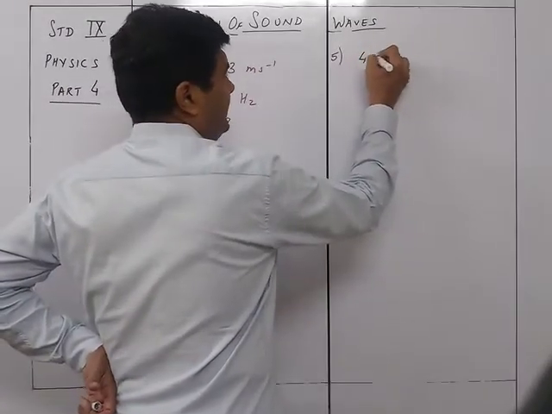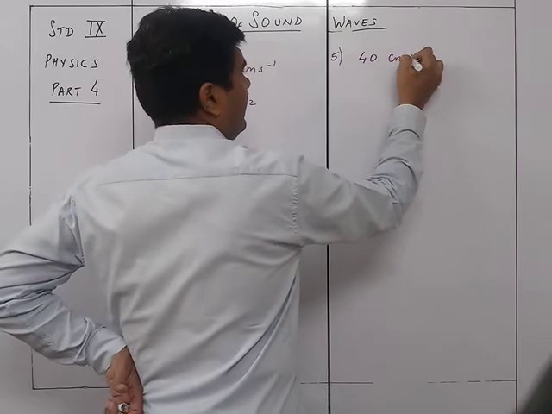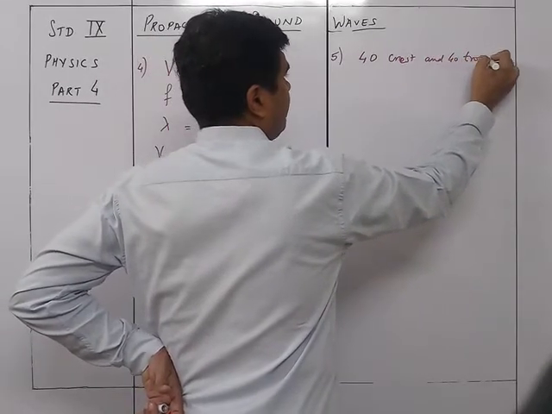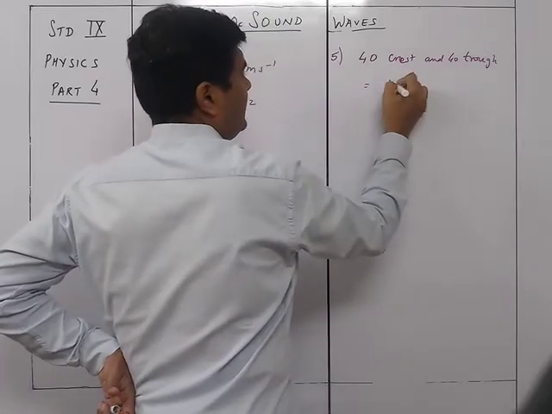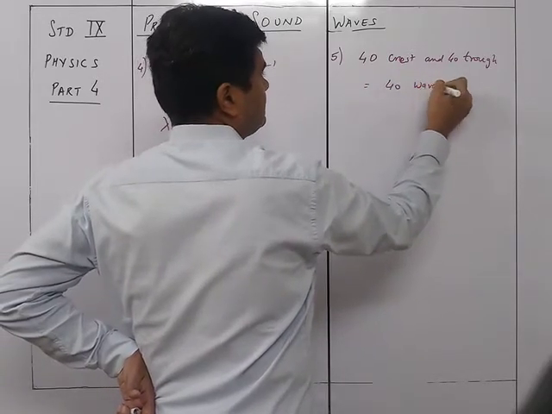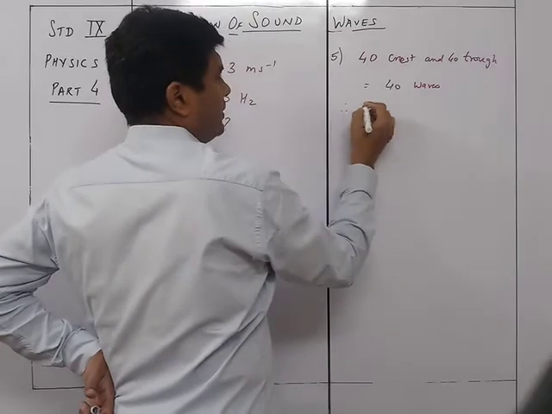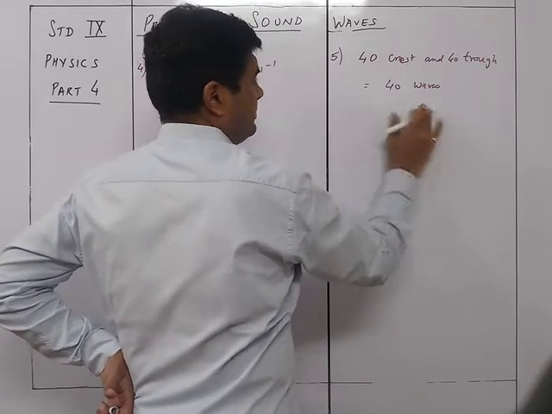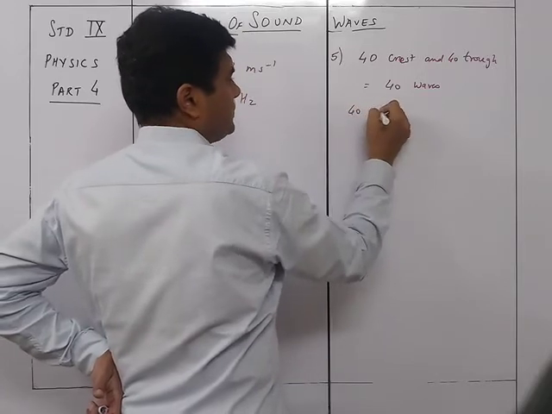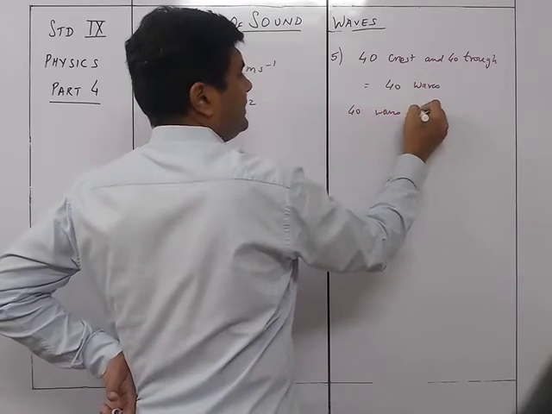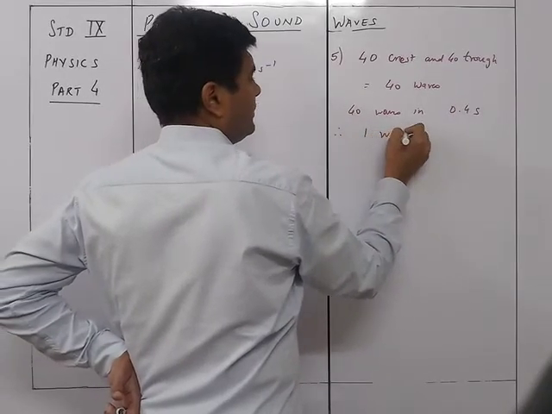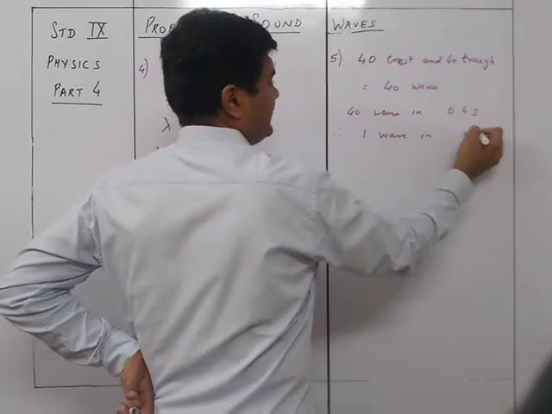So 40 crests and 40 troughs is equal to 40 waves. So 40 waves in 0.4 seconds. Therefore, one wave in x seconds.